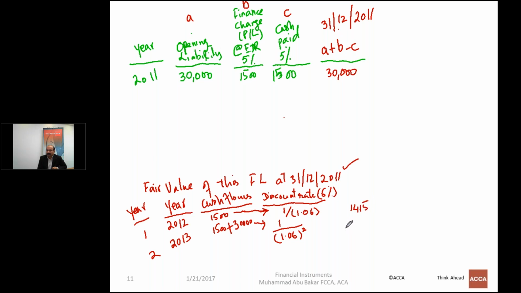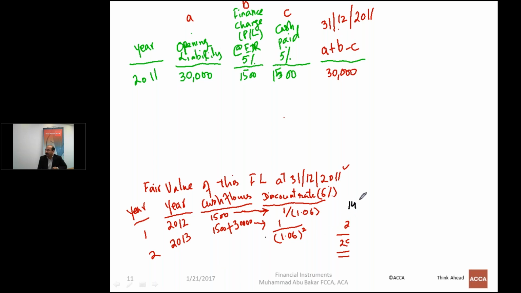So this will give us the present value 1415 and 28,035. So this will give us the total. So total will be 29450. What is this? Sorry, what was the amount over here?